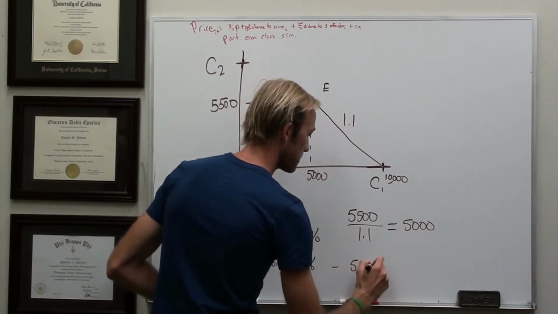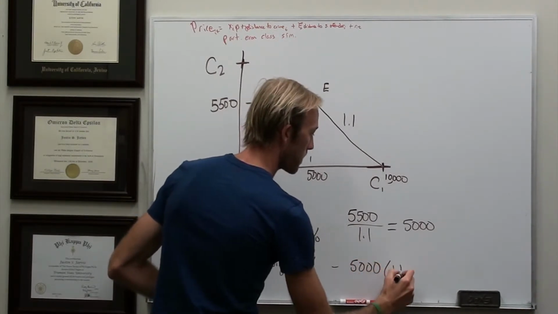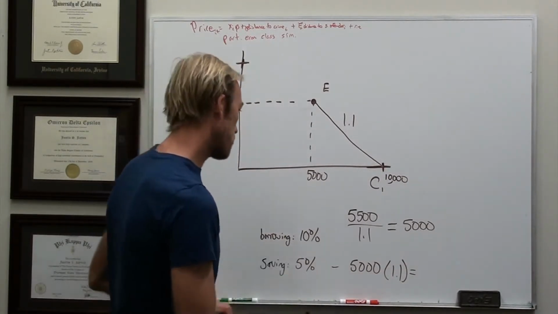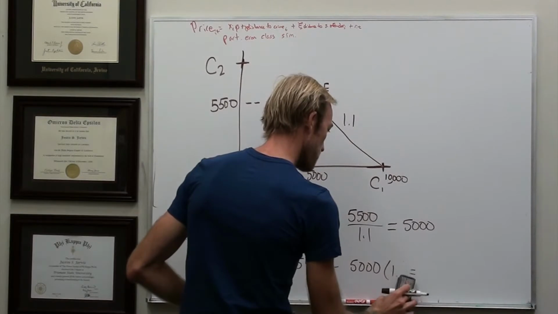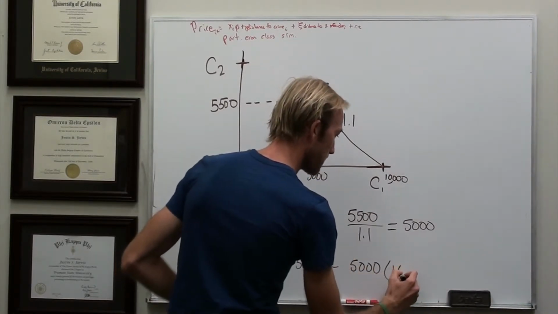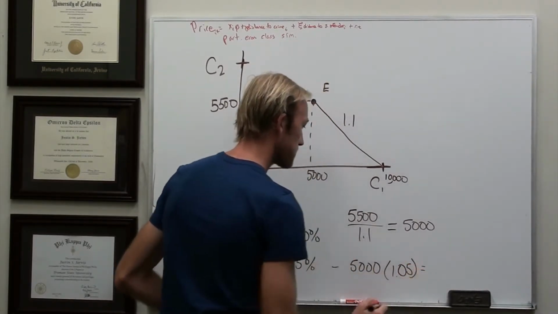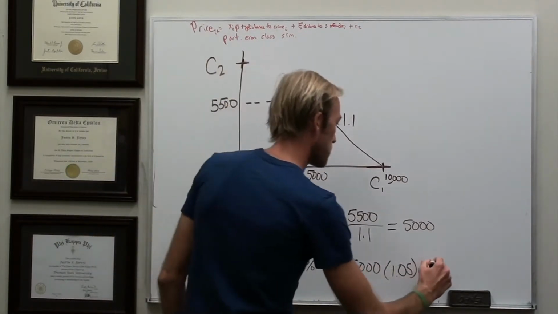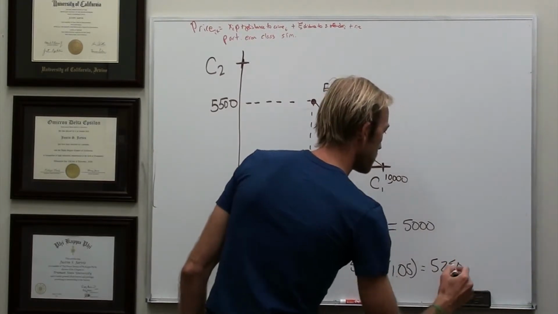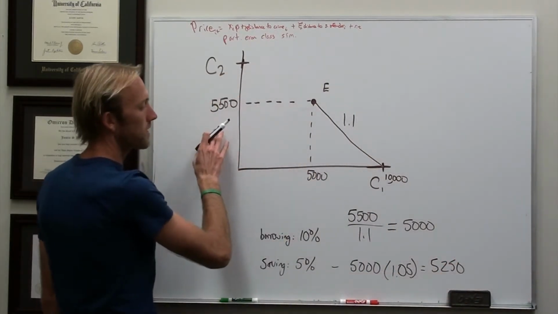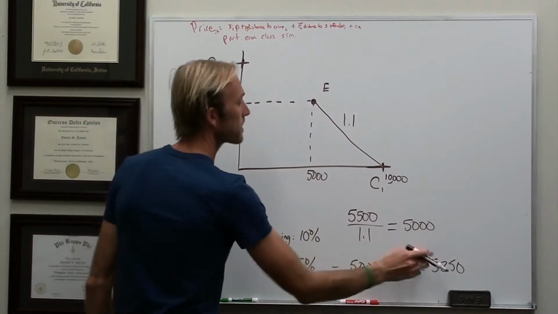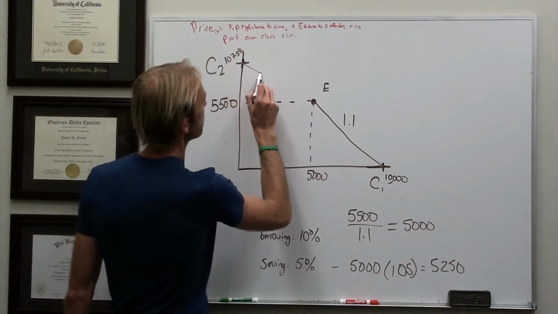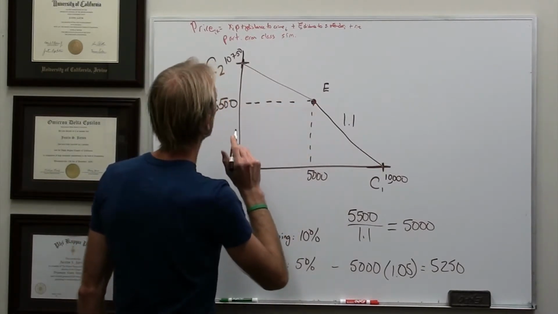Oh, sorry, this is wrong. I only get to put it in the bank for 5% interest, okay? And that's going to be $5,250. So next period, the maximum I could consume is $5,500 plus $5,250, which is $10,750. And so I draw this line here.